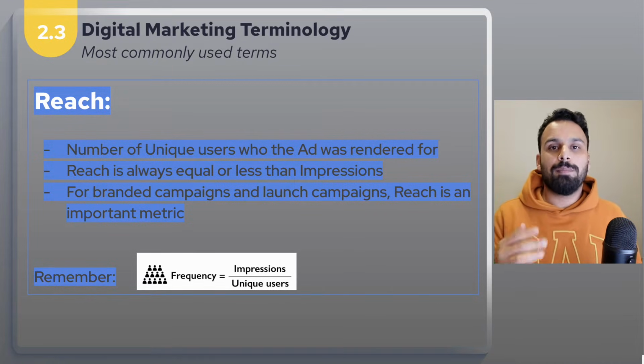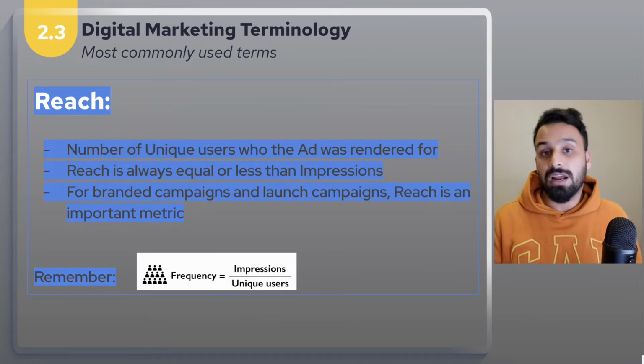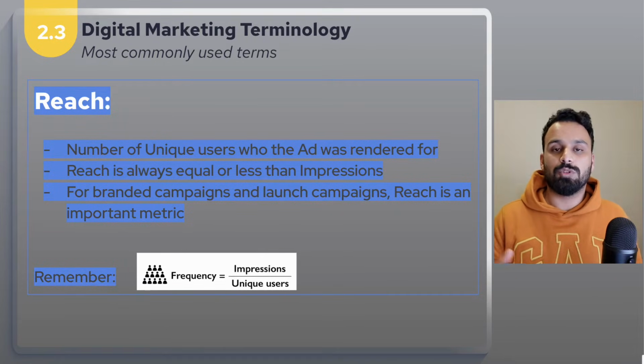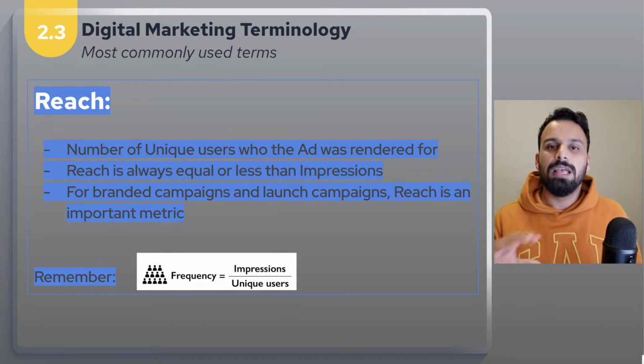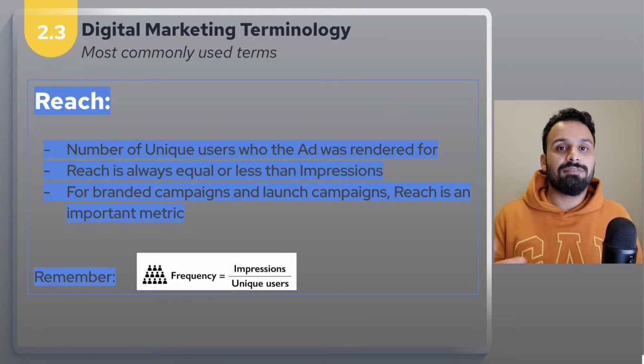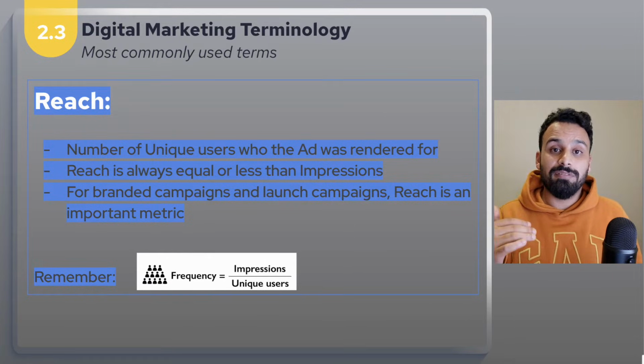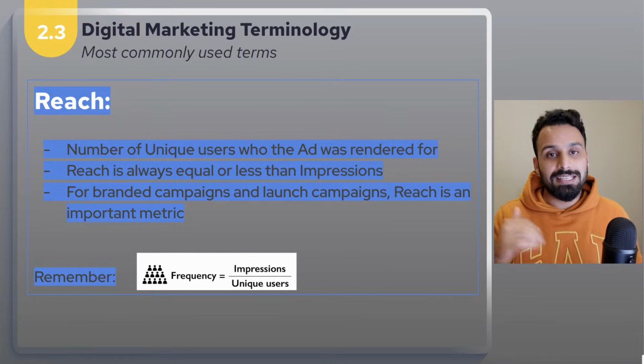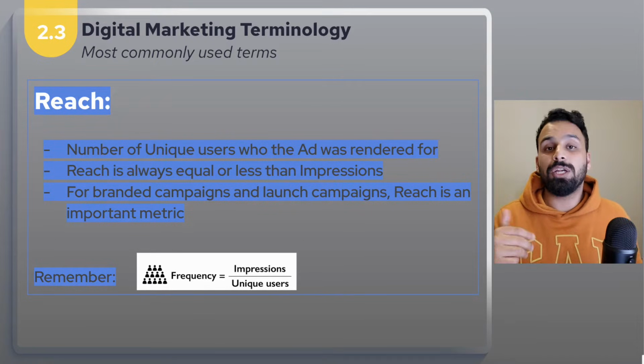Now, if there was a campaign where impressions are 100 and it was exposed to 50 users, for some it showed twice, for some once, on average the reach for that campaign was 50. That means the frequency was 100 divided by 50, which is 2. On average, the same person saw the ad from that campaign twice.